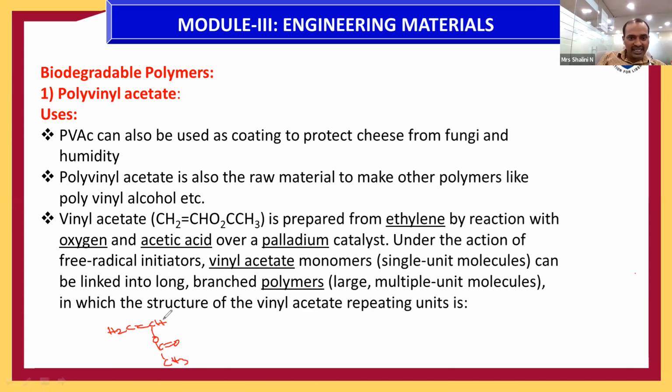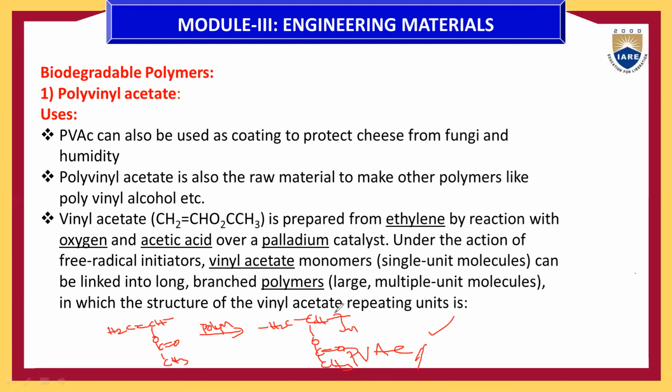Here double bonds are there, and this will undergo a free radical mechanism, that means polymerization. Then we get H2C CH taken n times, O C double bond O CH3. This is called PVAc, polyvinyl acetate. These are mainly used in chewing gums and surgical operations, etc. These are the applications and properties of polyvinyl acetate.